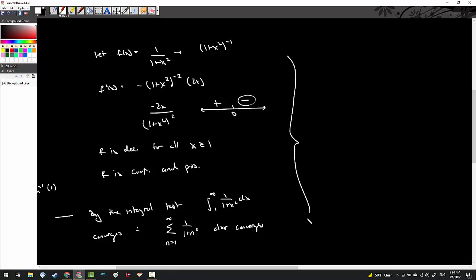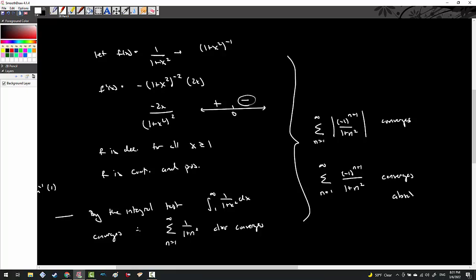So I can go ahead and sum up all of this and say that because the sum from n equals 1 to infinity of the absolute value of negative 1 to the n plus 1 over 1 plus n squared converges, I can actually conclude that the sum from n equals 1 to infinity of negative 1 to the n plus 1 over 1 plus n squared converges absolutely.